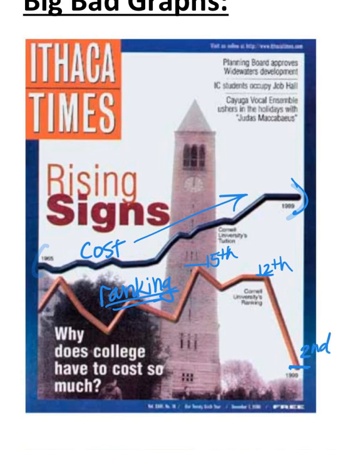In reality, what's happening when our ranking is going down? What is actually occurring when our ranking is going down? We are getting better, okay? And costs are increasing, okay?